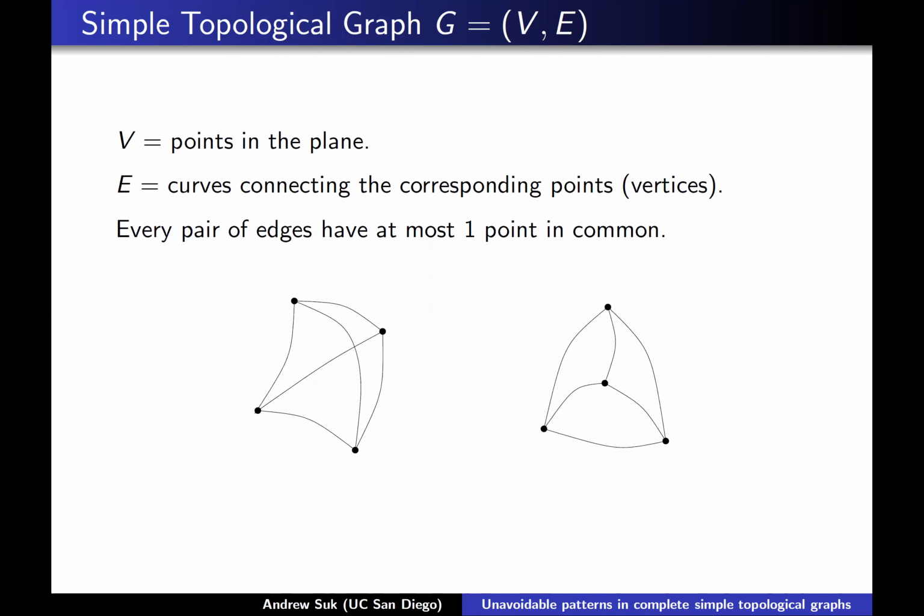So a simple topological graph is a topological graph where you insist that every pair of edges have at most one point in common. And so for the rest of my talk, since I'm interested in these planar configurations, or at least configurations with large planar components, I'll only be focusing on simple topological graphs.